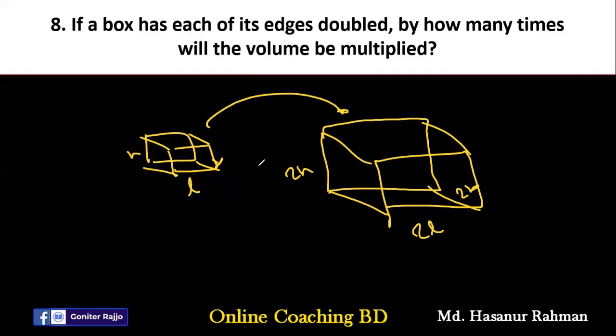We just multiply every length, breadth, and height by 2, but as a result, the whole volume will be 8 times bigger than the previous one. Why is this happening? Because of these 2, 2, 2: the 2 is multiplied 3 times. That means 2 cube. If this type of question comes in your exam, you can easily say the answer will be 2 cube, that means 8.